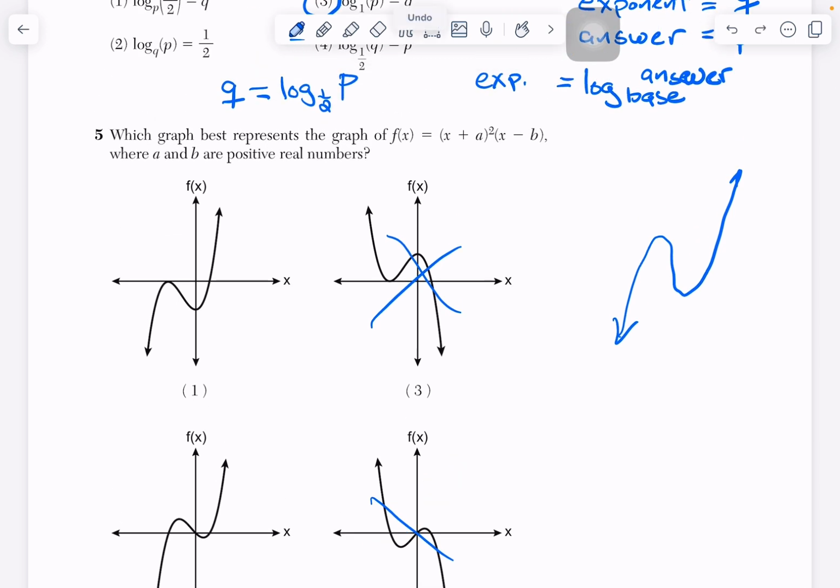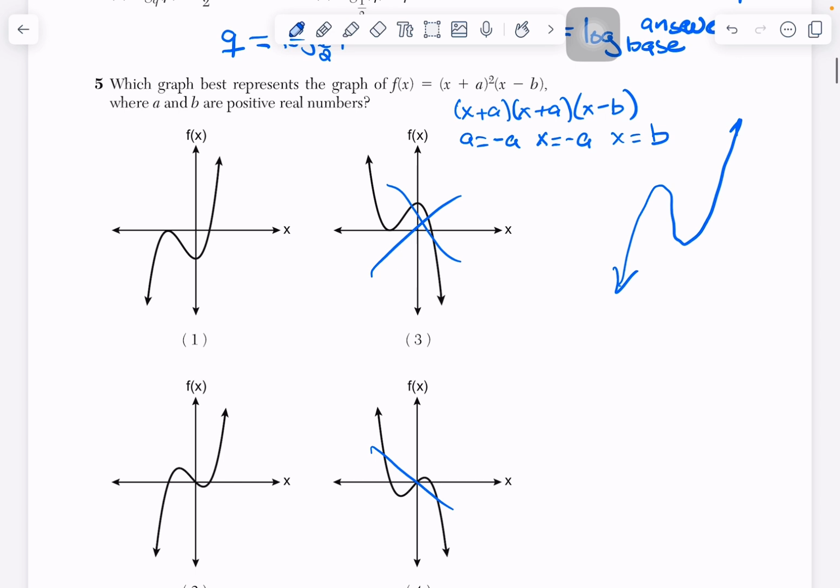Now the other thing, there's two of these, (x + a), (x + a), and this is (x - b), right? So x has to be equal to -a, x has to be equal to -a, and x has to be equal to b, which is positive.